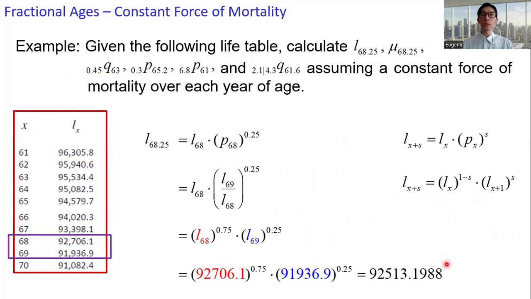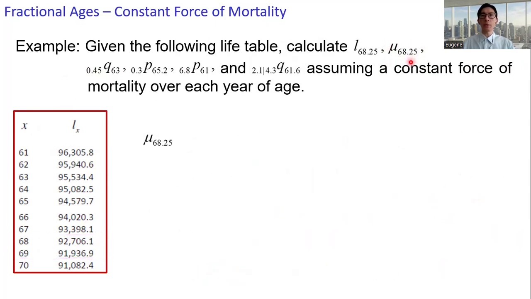The next quantity, the force of mortality, mu_68.25. We have a nice formula, which is the negative of the derivative of the log of p_x. The x is 68.